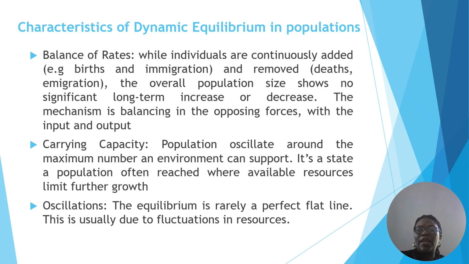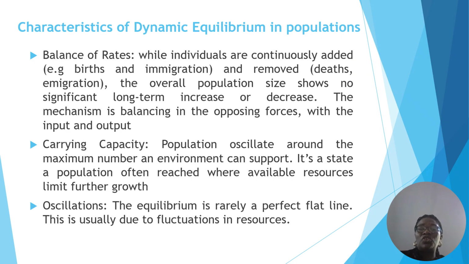There's usually a little bit of fluctuation. That is, you don't have a situation where the birth rate, which is referred to as input, is equal to the death rate, which is referred to as the output. So we have oscillations, that is, the situation oscillates.